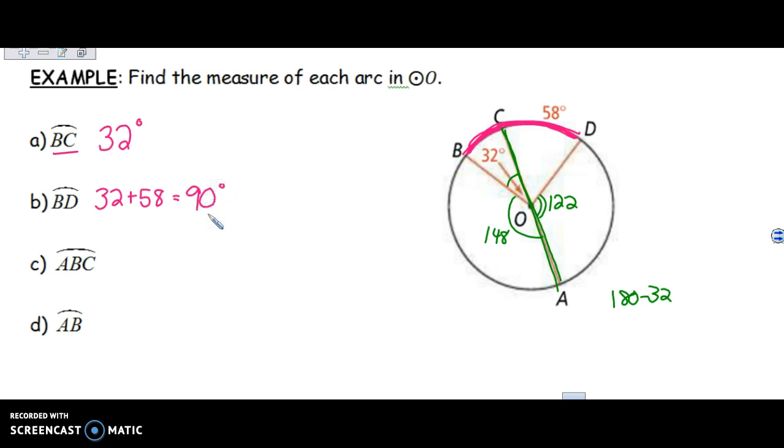So that's using the arc addition postulate. Then for the next one, ABC, that appears to be a semicircle, so that would have to be 180 degrees. And for the next one, AB, we already figured that out, it was 148.